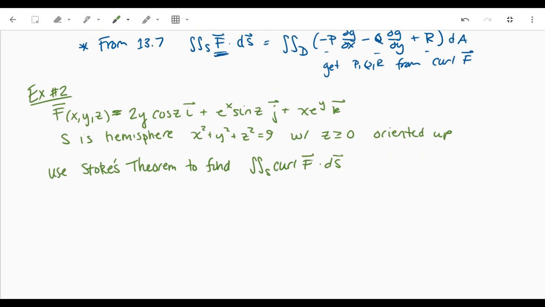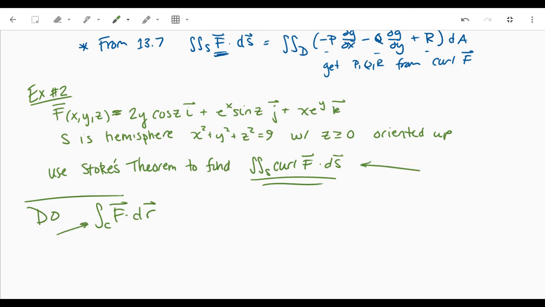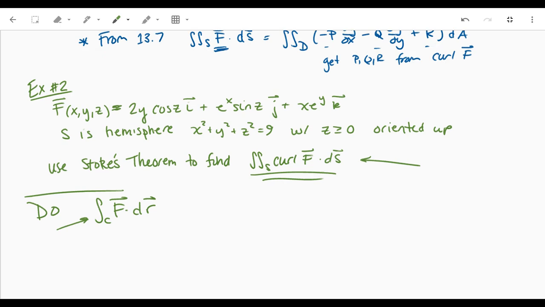They're saying find this by doing this, while it's more often that we would find this by doing this. But they want us to do it this way first, so we're going to do it this way first.